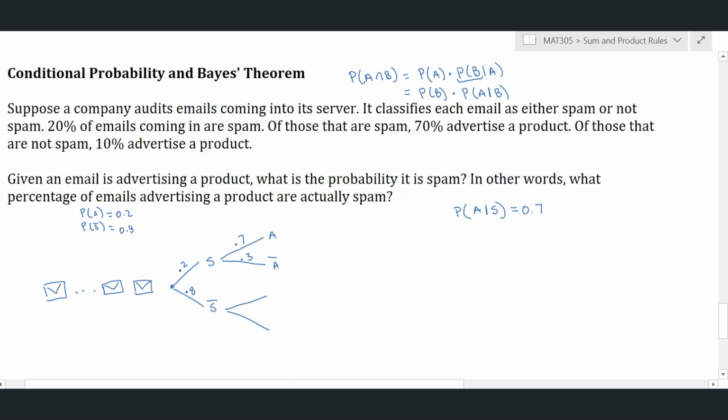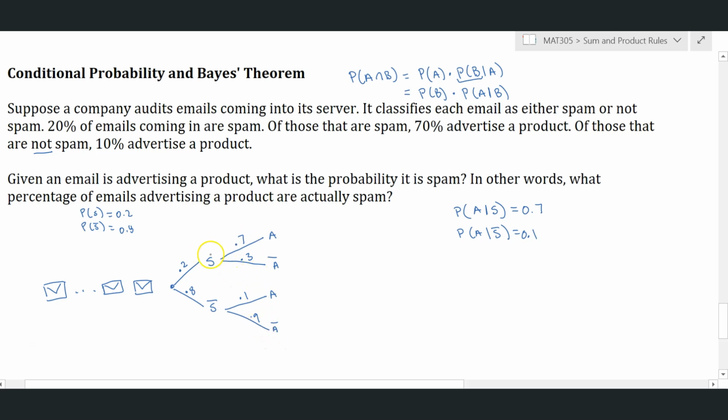However, of those that are not spam, only 10% advertise a product. So out of all the non-spam emails, only 10% of those are advertising a product. Maybe they're from a partner company or sister company or something else. And that means that of those that aren't spam, the other 90% do not advertise a product.